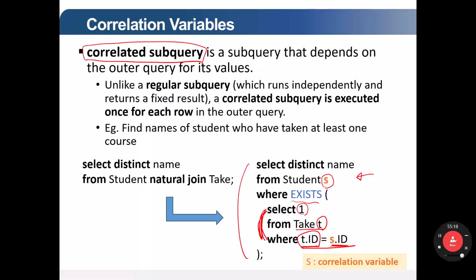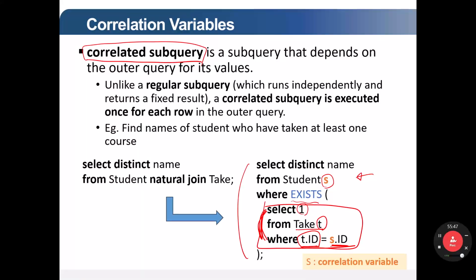And I told you that when we have a nested query, the DBMS processes the inner query first, generates an intermediate output table, and uses that table for the outer query. That is how it usually works. When we have such a correlated subquery, we cannot do that because we cannot evaluate the inner query without knowing what the outer query is doing.